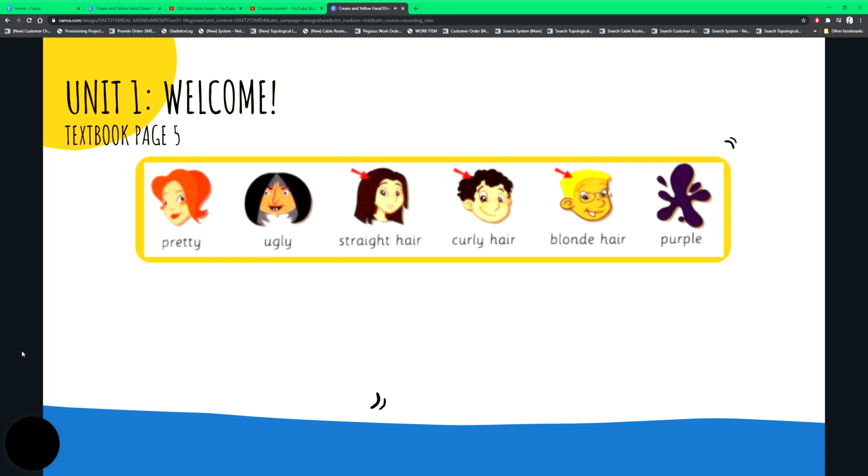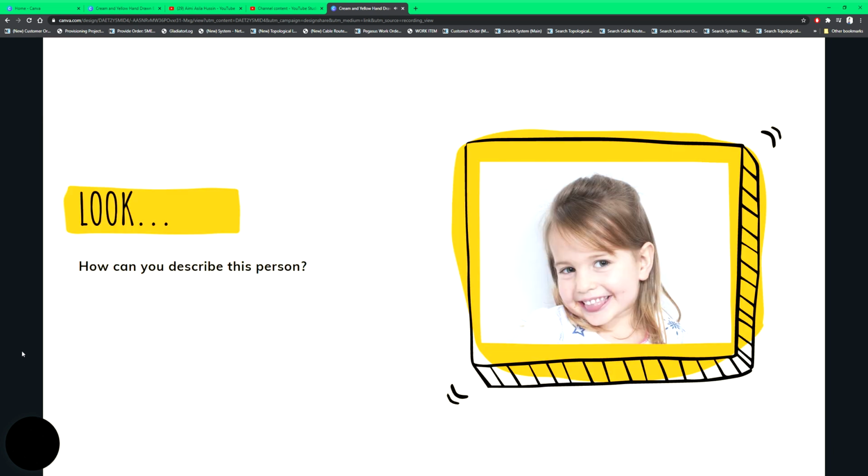Okay, so let's have a look at some examples. Why do you need to learn all this vocabulary? Because you will use this to describe people. For example, how can you describe this person? Look at her hair. Is it straight or curly?